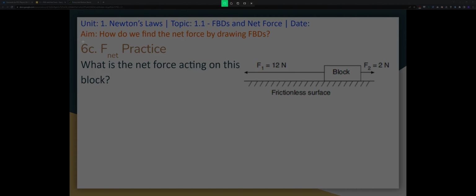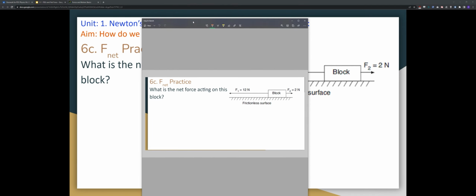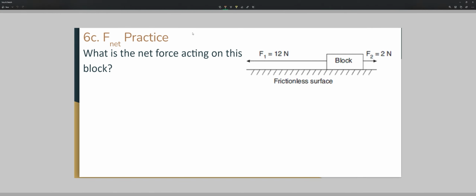All right, 6C was your net force acting on this block. Your net force acting on this block. If you think about it, right, negative 12 newtons. So your net force is the sum of all your forces, which is equal to negative 12 plus 2, negative 10 newtons.